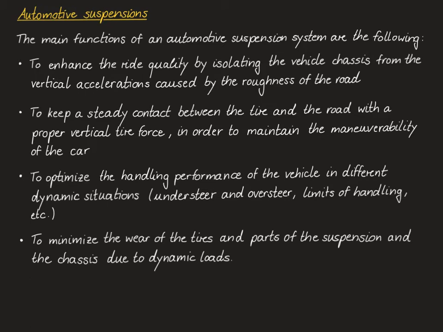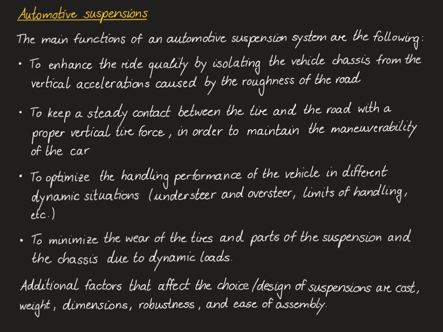A fourth function is to minimize the wear of the tires and parts of the suspension and the chassis due to dynamic loads acting on the car. Additional factors that affect the choice and design of suspension systems are cost, weight, dimensions, robustness, and ease of assembly.